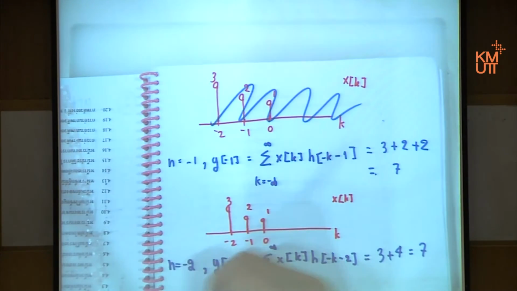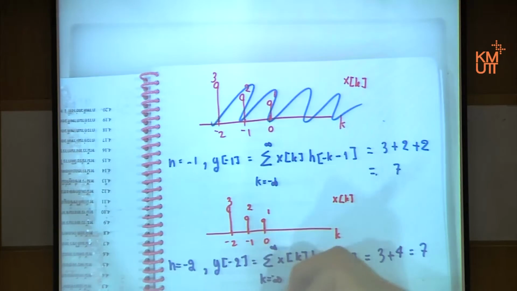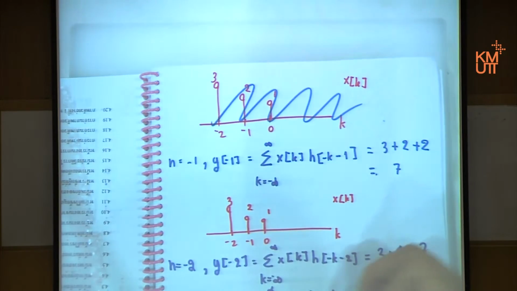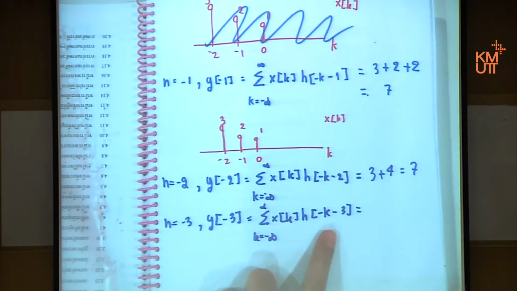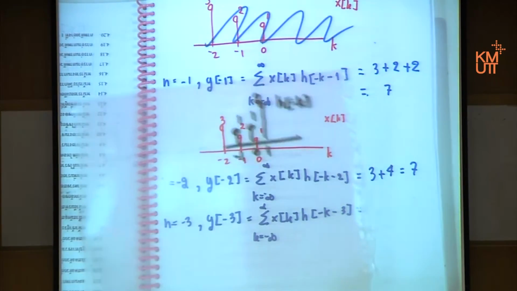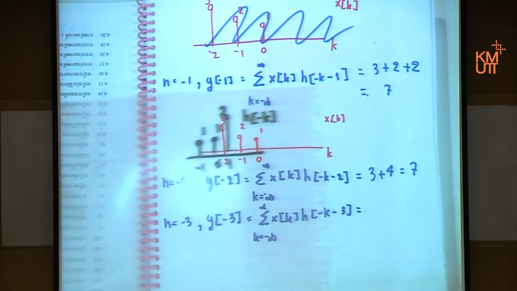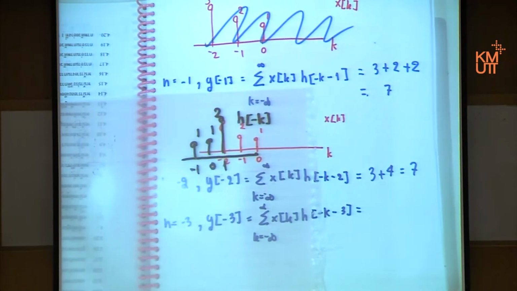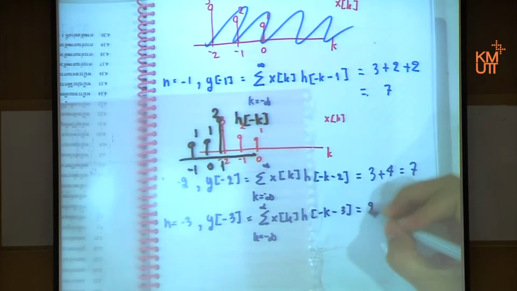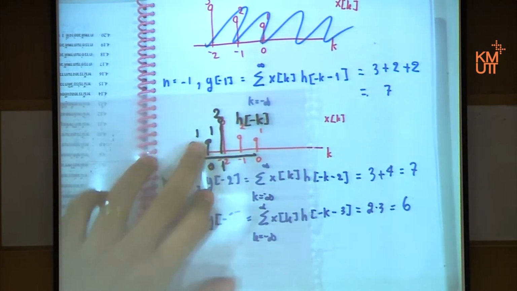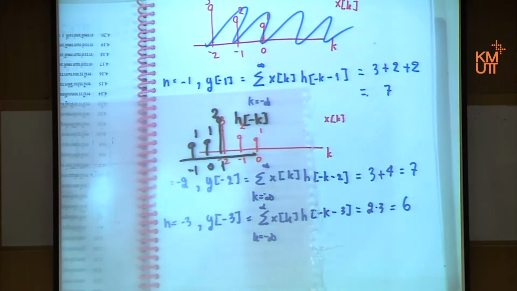When n equal to minus 3, y[-3] is the sum of x[k] h[-k - 3], it means that you need to shift h[-k] to the left by 3 units. First 0, right? 1, 2, and 3. Shift by 3 positions and you get this. So there is only one overlapping, that is 2 multiplied by 3, which is 6, right? 2 times 3 is 6.